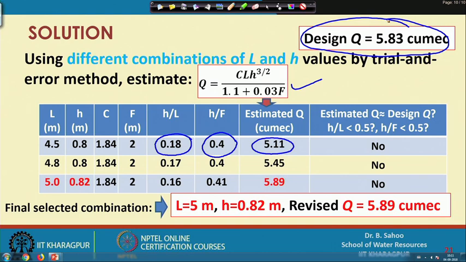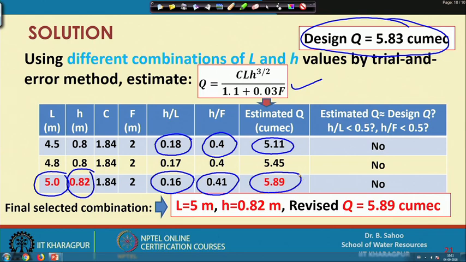If you will see, I have taken L equal to 5 meter here, then h equal to 0.82, then I am getting small h by L as 0.16, small h by F equal to 0.41, and correspondingly I am getting Q equal to 5.89 by using the above equation.